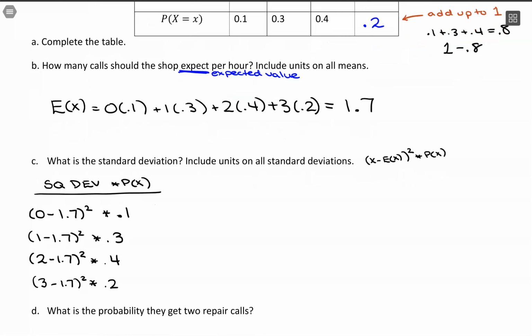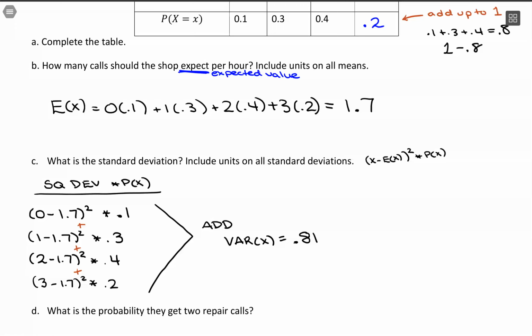And then I add up those values. If I do that, that will tell me the variance, which you can plug into a calculator, and you should get out a 0.81.